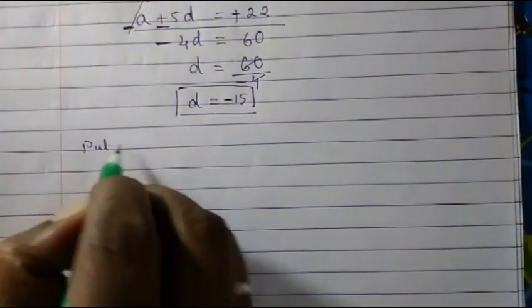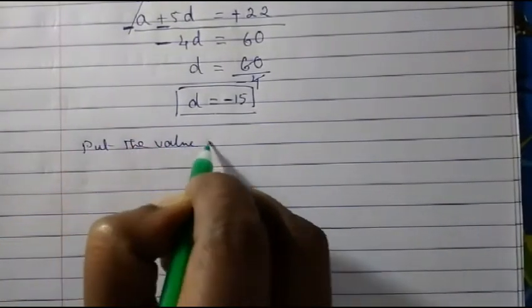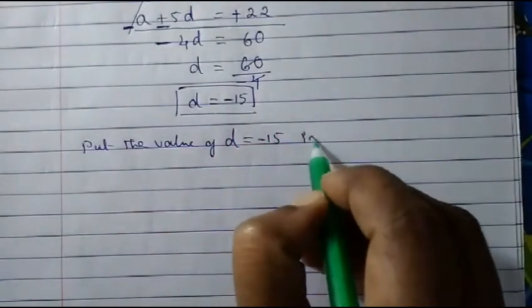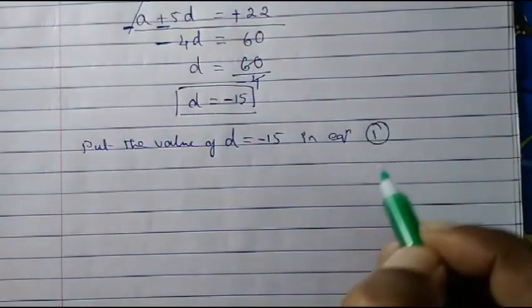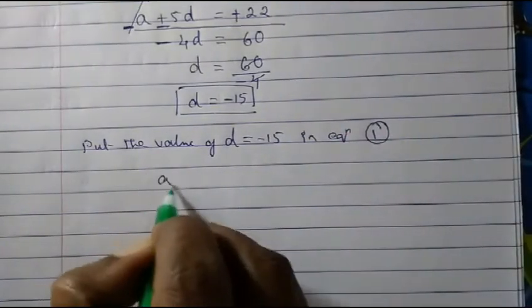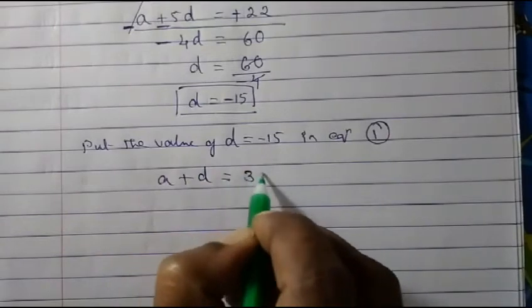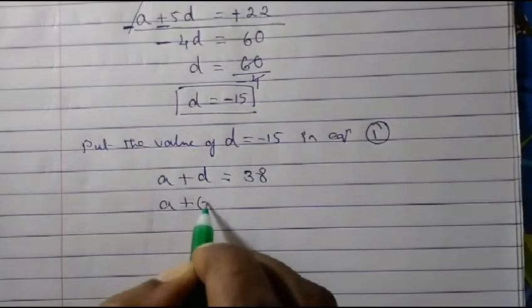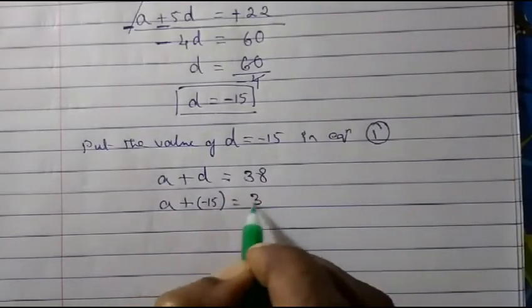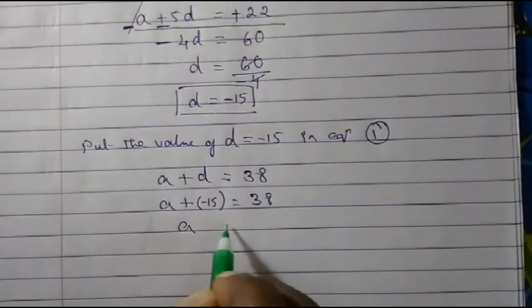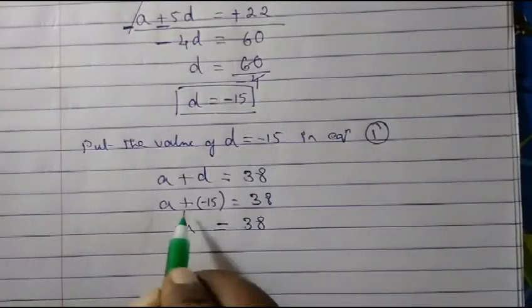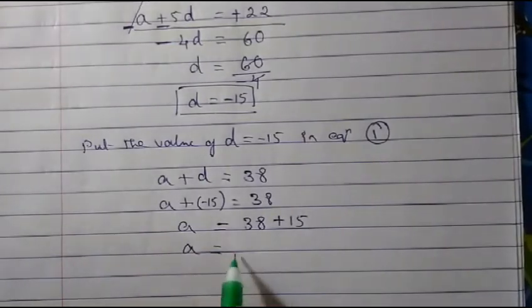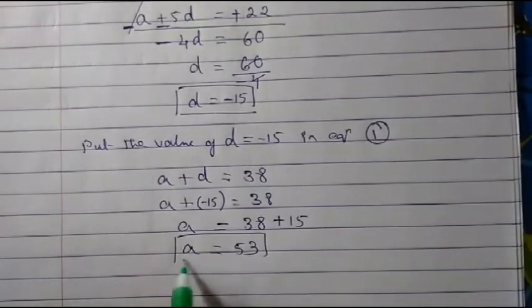Put the value of D, that is minus 15, in equation 1. Equation 1 is A plus D equal to 38. So A we don't know, D is minus 15. A equal to 38. This is minus, so when it comes here, it will become plus. So the A value we are getting is 53.